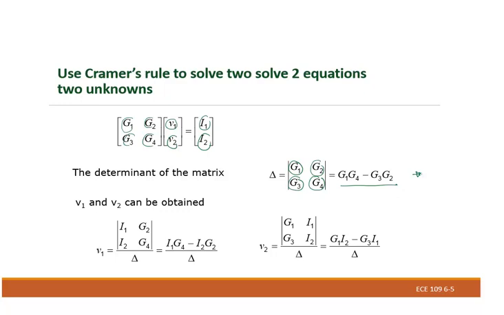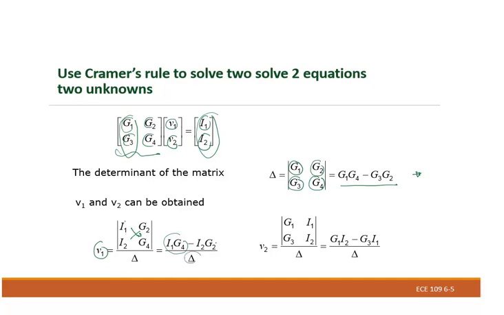If this exists, to find V1, we take this same matrix, replace the first column with the right side of the equation, I1 and I2, then find the determinant of that matrix divided by delta. In this case, I1 times G4 minus I2 times G2, divided by delta.